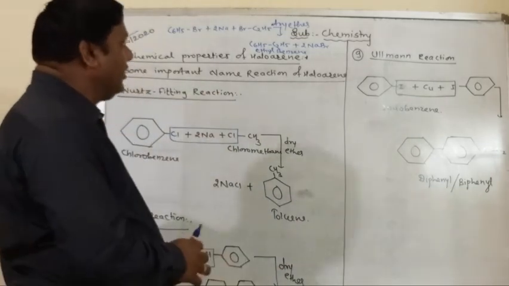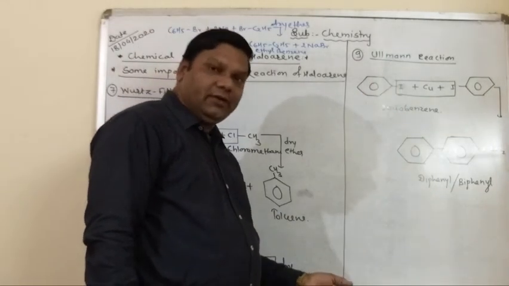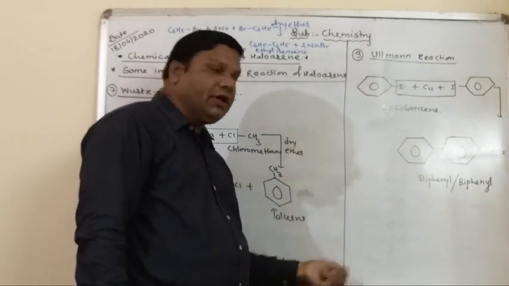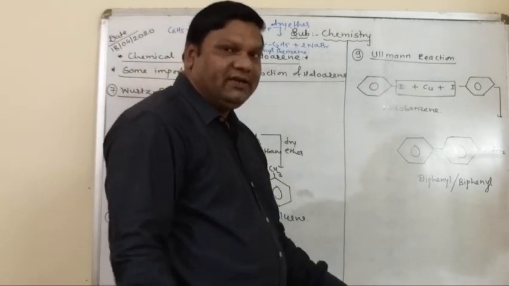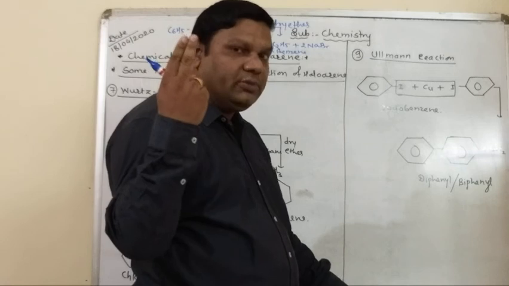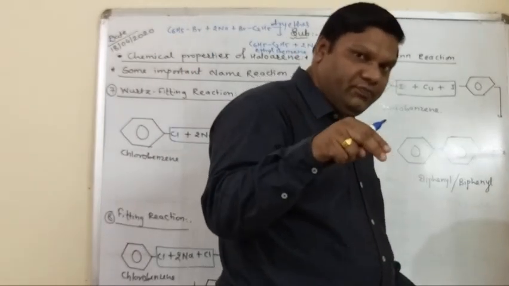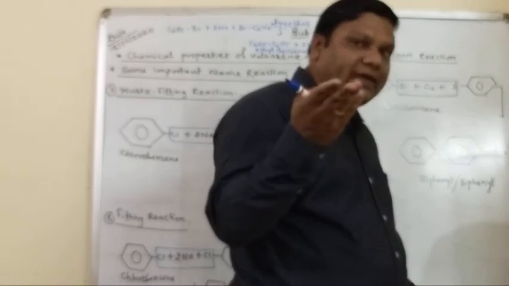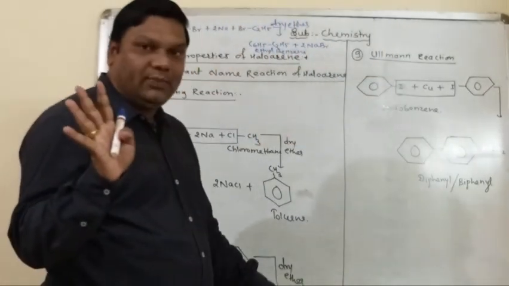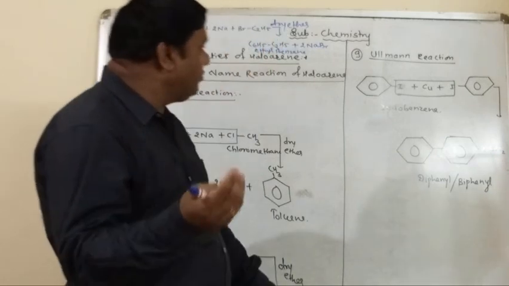Understood? Then the Ullmann reaction, same thing as the Fittig, but in place of sodium, here copper is used. Just as in place of the Wurtz reaction there was the Frankland reaction. When two similar molecules of alkyl halide react with zinc, you get a higher alkane containing an even number of carbons. But in place of sodium, what did they use? Zinc. So same thing here.